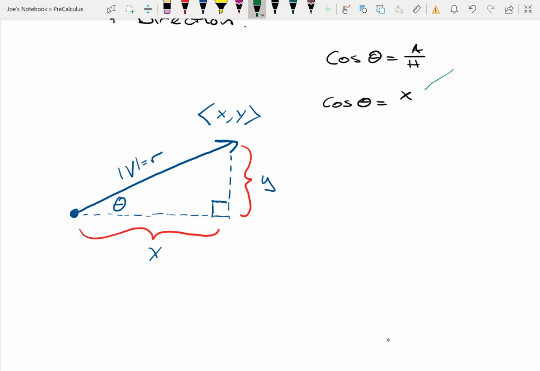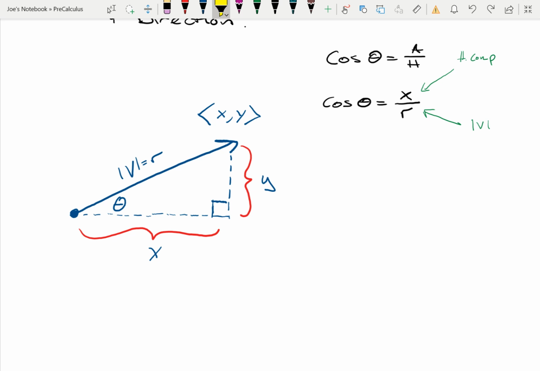This x I'm pointing to is the horizontal component, divided by the radius of the triangle, the hypotenuse, which happens to be the length of the vector, the magnitude of the vector. I put it in little absolute value bars there. So we've used freshman year to look at a vector, but we've just named the parts differently. That's the only thing we've done.